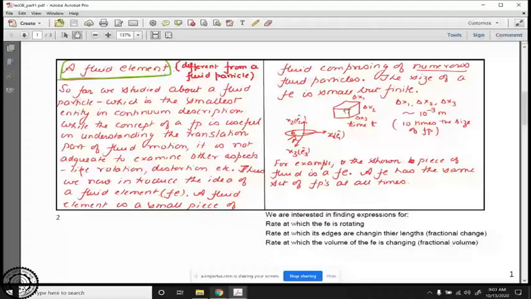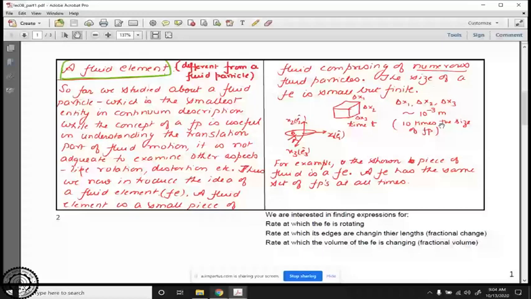I also mentioned in the last class that in absolute terms, a fluid particle has dimension 10 to the minus 4. So for a fluid element, I will take at least 10 times that size, so that I have numerous fluid particles inside it. In that way, the dimensions delta x1, delta x2, delta x3 are of the order of magnitude 10 to the minus 3 meter.